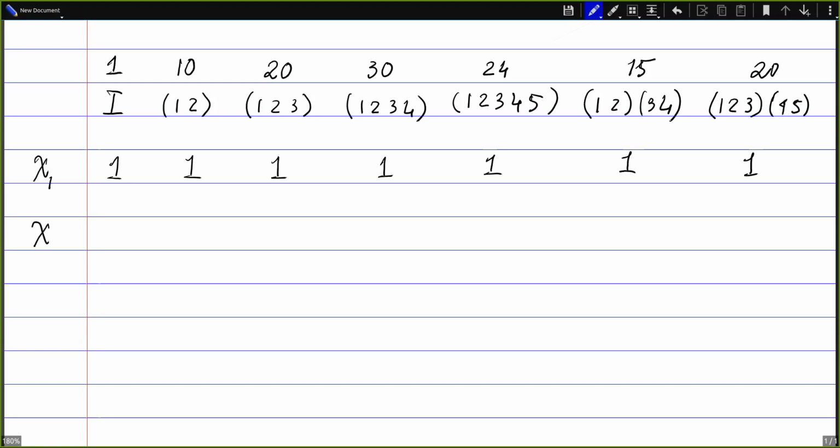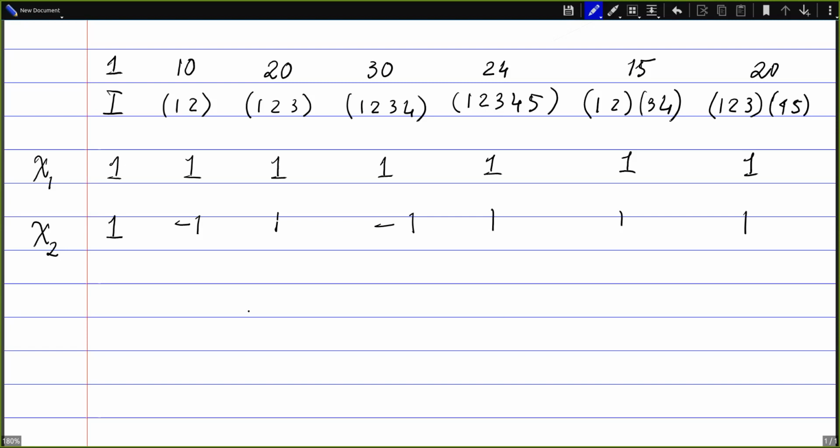Yes, for the permutation group, we have the sign character, which assigns the value 1 to even permutations and -1 to odd permutations. So the values of the sign character are precisely: 1, -1, 1, -1, again 1, 1, and -1.